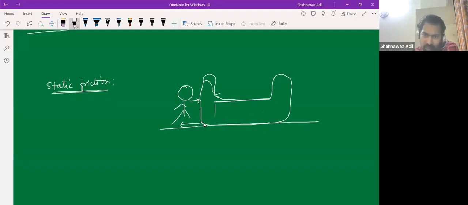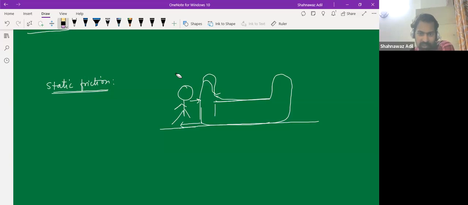And there would be some point at which the sofa will start to move. That point will be called the limiting friction. At the point when the sofa just starts to move, that friction is called limiting friction, because after that point the sofa will have some movement.